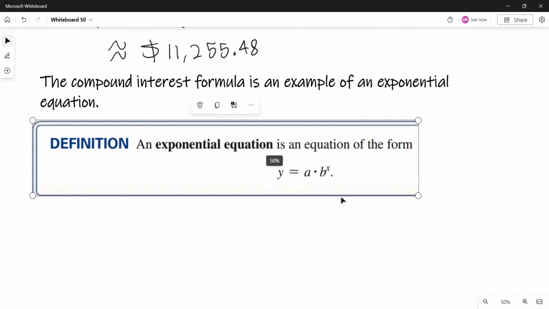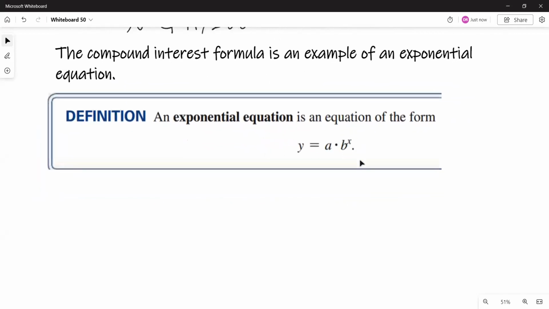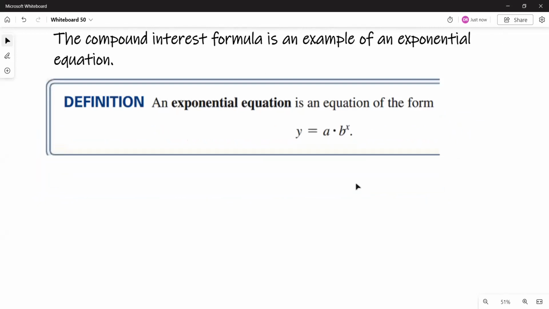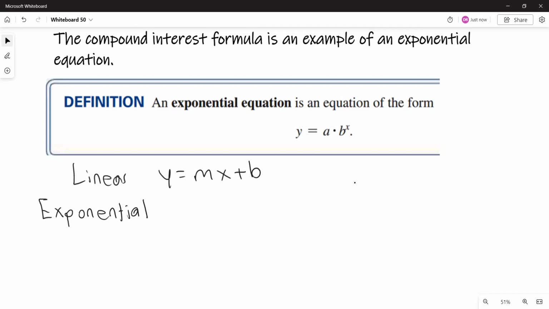An exponential equation is an equation of the form y equals a times b to the x power. So the variable is going to be in the exponent. Remember, a linear equation has the form y equals mx plus b. An exponential equation has the form y equals a times b to the x.